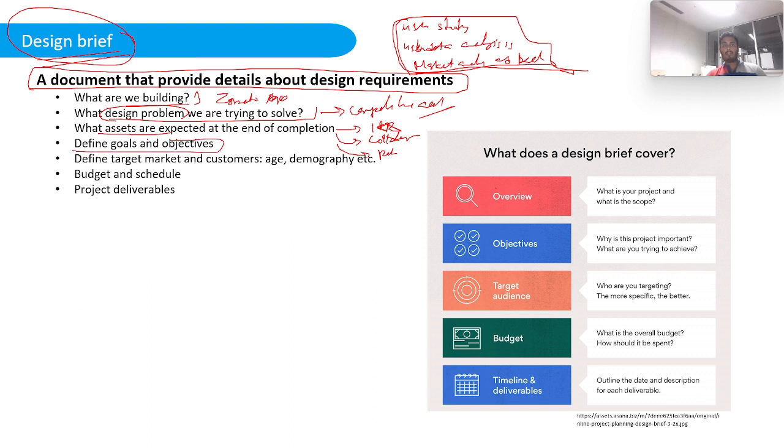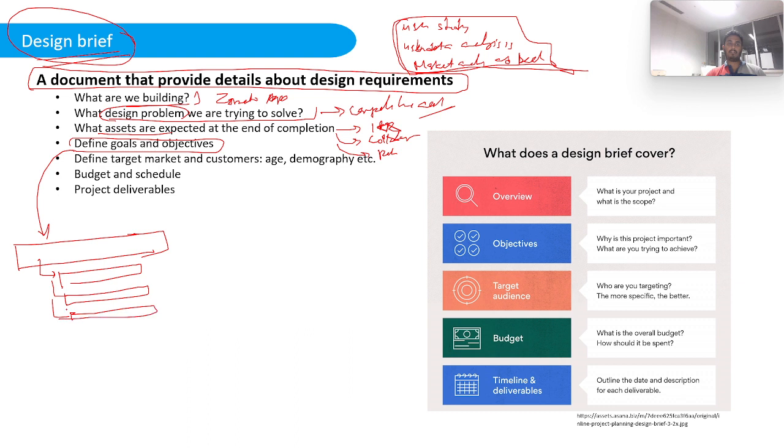Then we need to define our goal. Now a goal is a bit more specific. Based on the design problem, we try to define the exact goal that we want to achieve, and for that goal we need to define the subtasks or objectives.